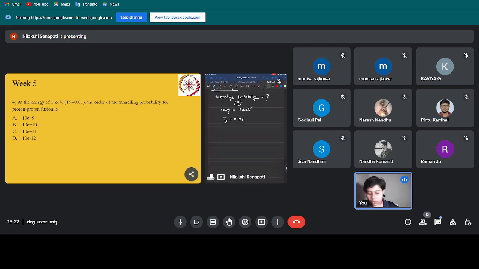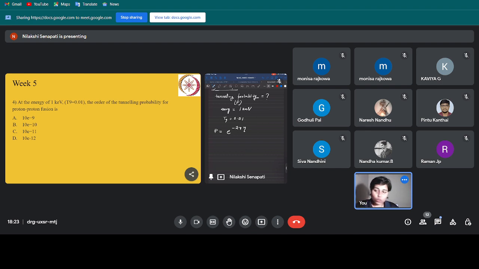Now, how to calculate it? Has anybody calculated or have any idea how to calculate it? Otherwise, I'll start. All right, let me do it. What is P? P is nothing but e to the power minus 2 pi eta, which I told you in your previous class also.